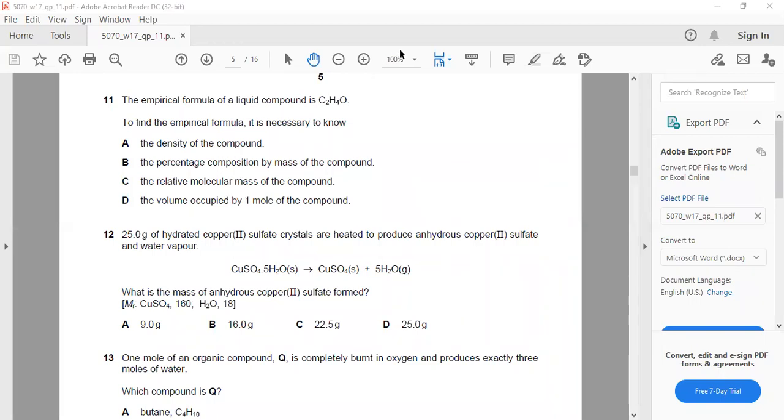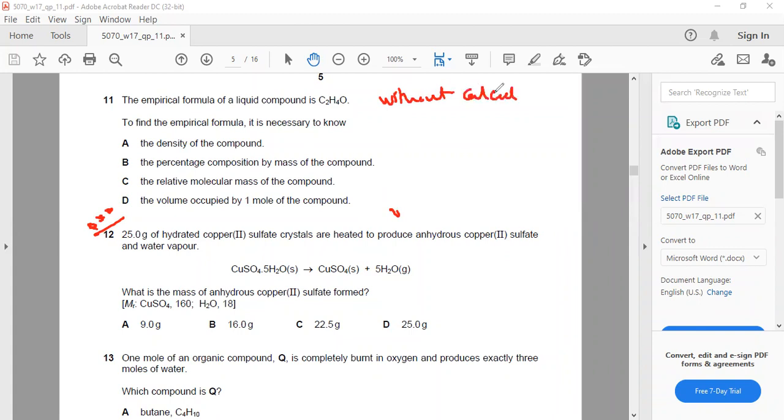12 is about moles, mass, something related to mole. Let me explain how you can do this question without calculator.